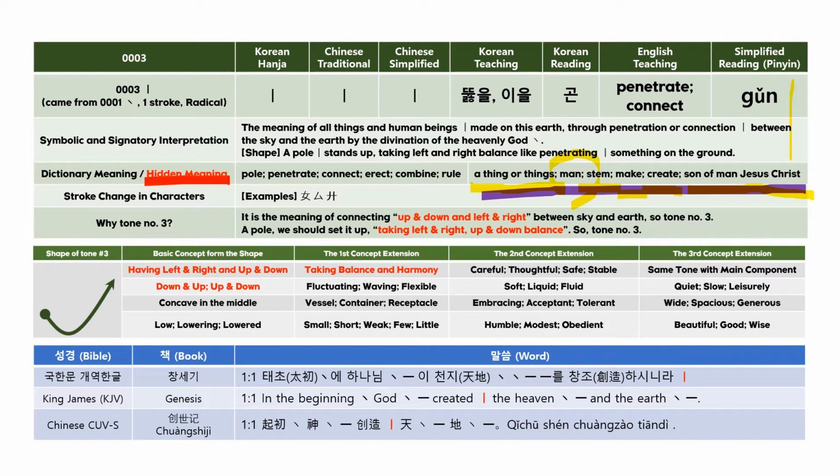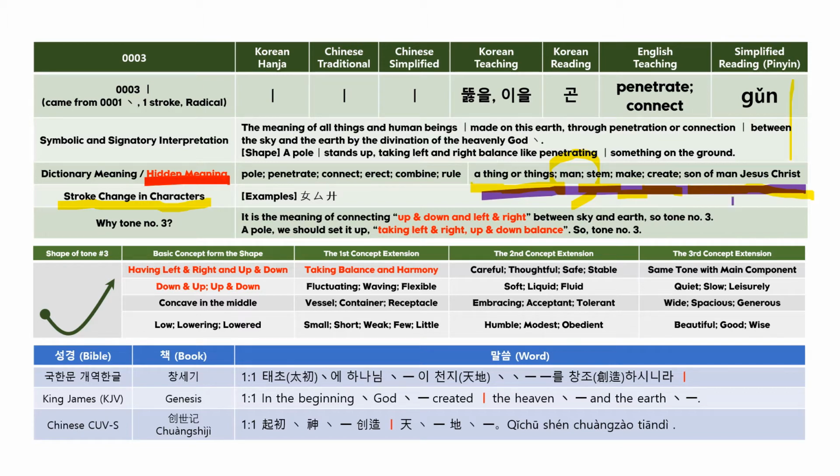Another thing you need to look at is that there is a stroke change in many characters. For example, woman, ni, private, s. In these characters, the shape of the stroke is changing.